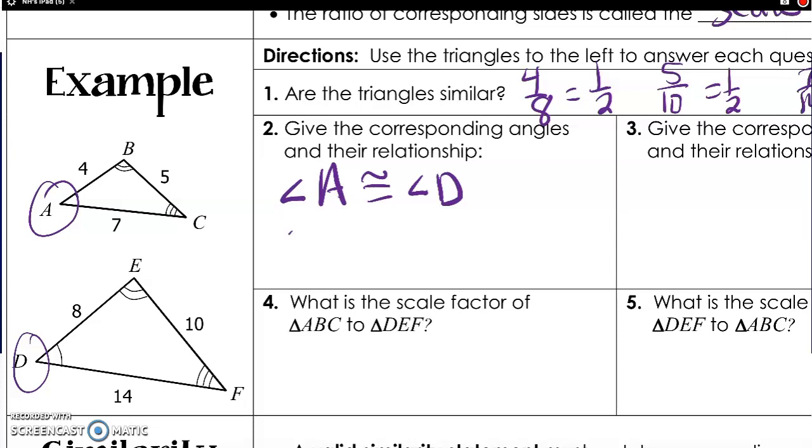And then we would have angle B is congruent to angle E. And then we also have angle C congruent to angle F. So those are the relationships.